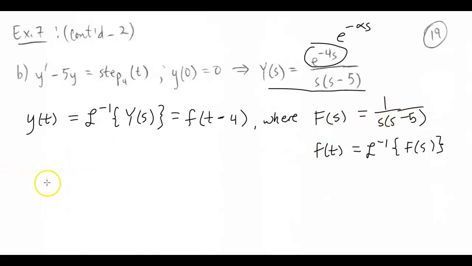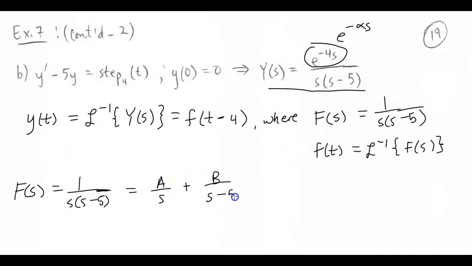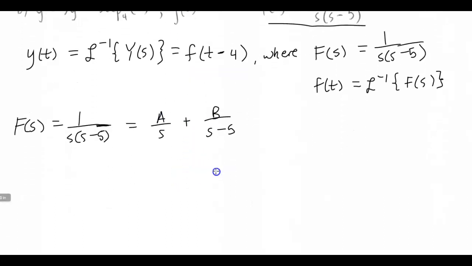So here we know that if we were to take big F of S, which looks like this, we could rewrite it this way to do partial fraction expansion. Of course, here, if we're going to find out what A is, using the techniques of the cover-up method, we'll just take our whole quotient here.